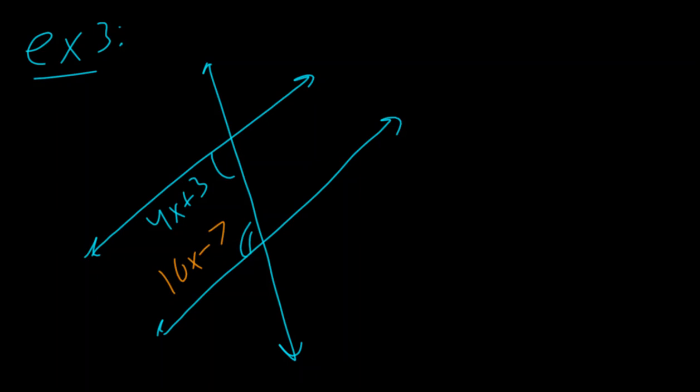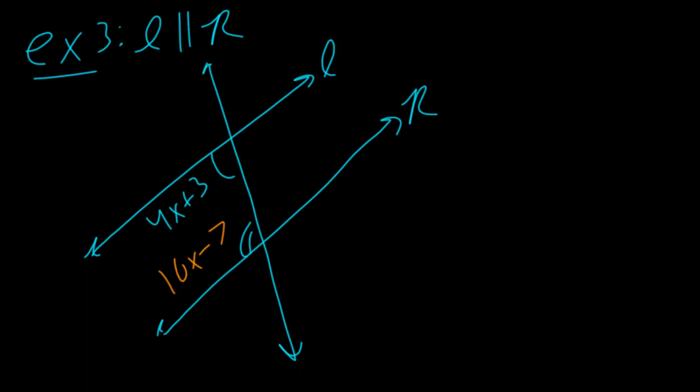Okay, perfect. I love it. Now from here, what do we know? Well, let's say this is L, let's say this is R, and we're given L is parallel to R. Remember, this does not work if the lines are not parallel. Okay, now here's the question. Should I set these equal, or should I add them up to 180? There's so many different diagrams that you guys look at where either you set them equal or you add them up to 180.